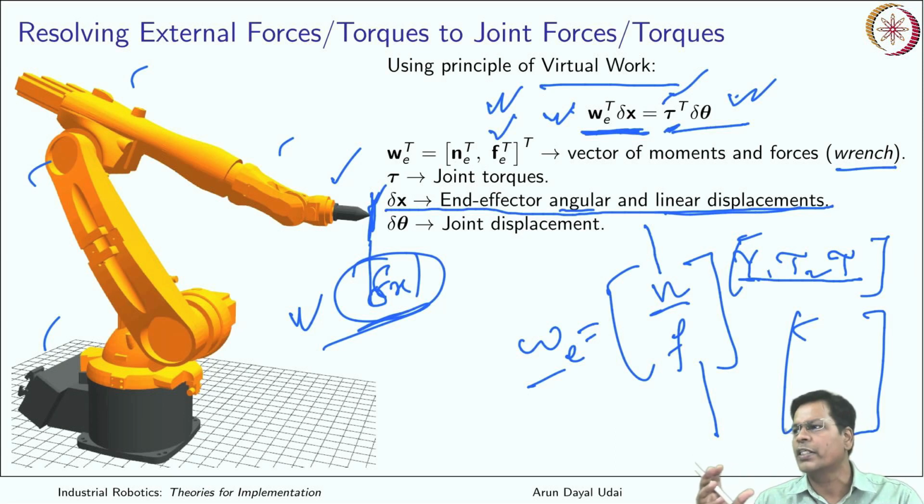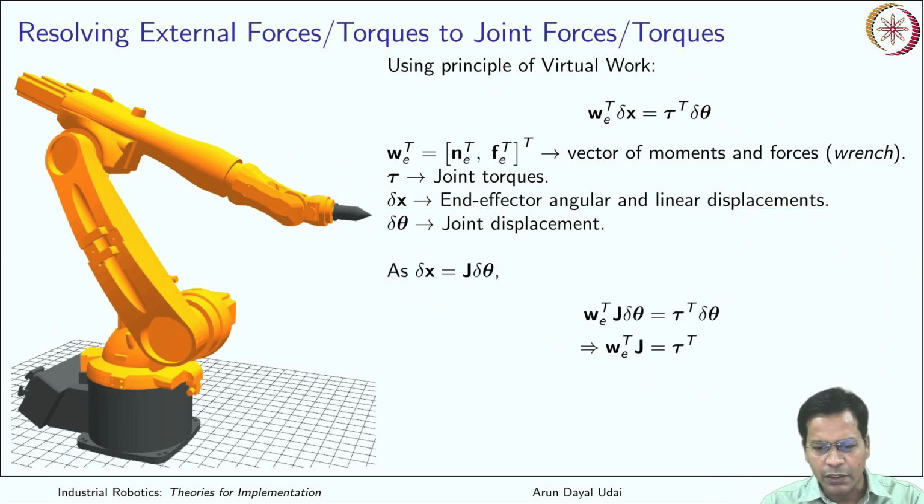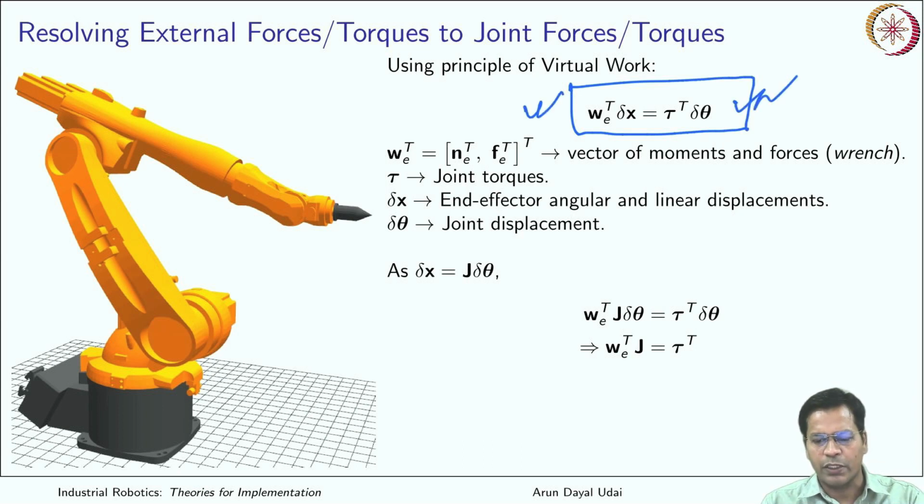It is a small incremental displacement which is written here. If you remember your virtual work principle, it is to be taken like this. I have just balanced both of them. So now this is your final equation, which says this is your output work done and this is your input work done: torque into the angular displacement of the joint.